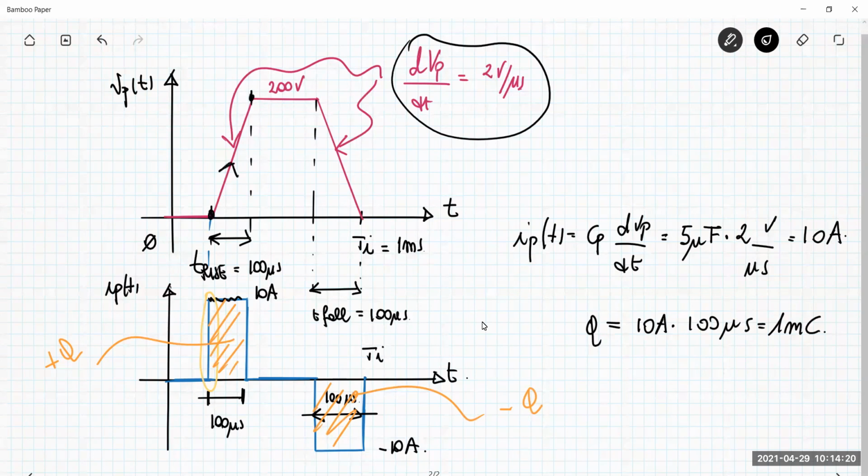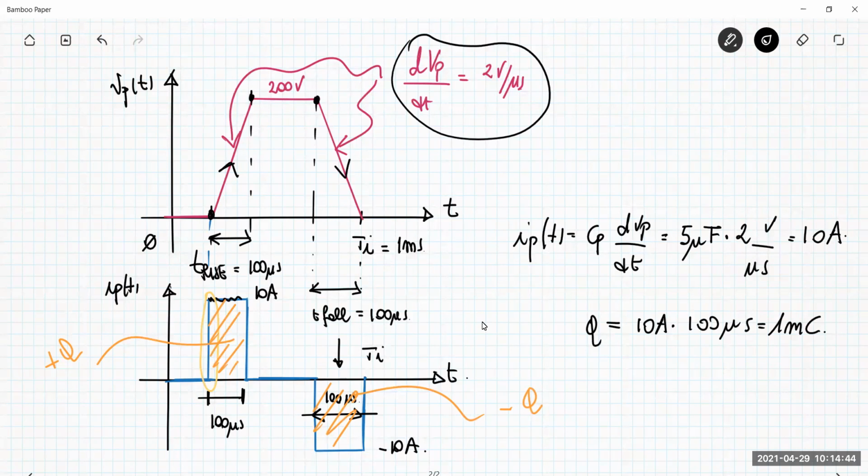In this pulse here, the charge is absorbed, is negative, so it enters into the output port of the half bridge, because we are removing charge from the capacitor in order for the voltage across it to go from 200 volt down to 0.